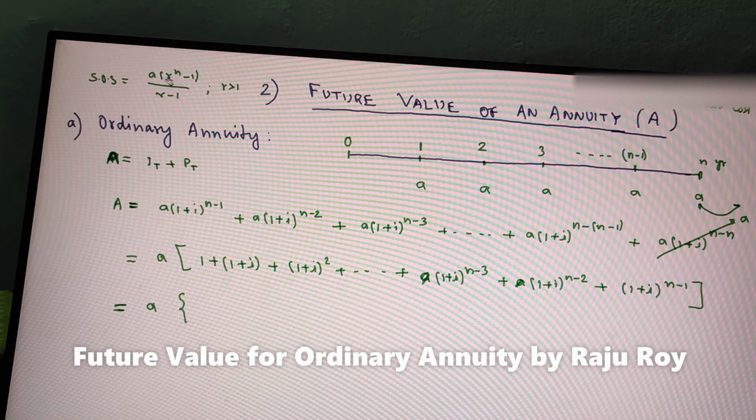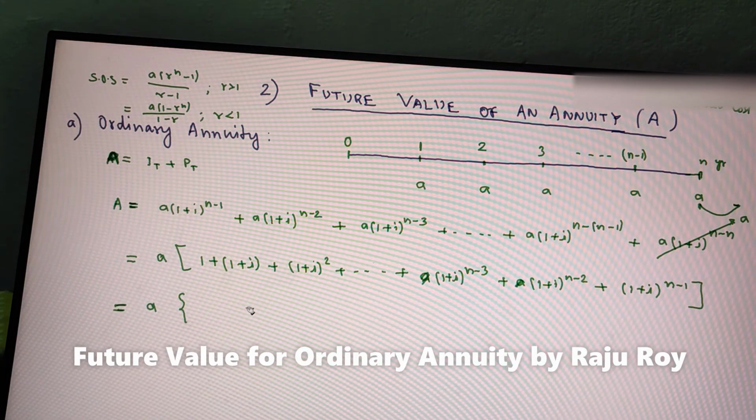If r is less than 1, everything changes: a into (1 minus r raised to the power n) divided by (1 minus r) when r is less than 1. Okay, so this is what we know about GP.